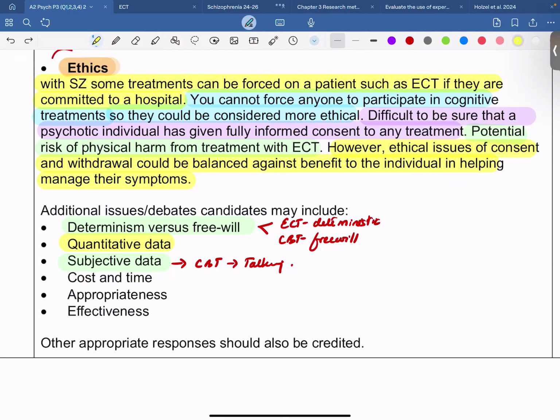Next, we could also evaluate this in terms of the amount of time these treatments require and the cost that is incurred. ECT is considered costly and more resource intensive. It requires trained professionals and equipment. However, if you talk in terms of time, sessions are really quick. They require some 10 to 20 minutes in total, and improvements can be seen at a faster rate. They're quicker, more rapid.